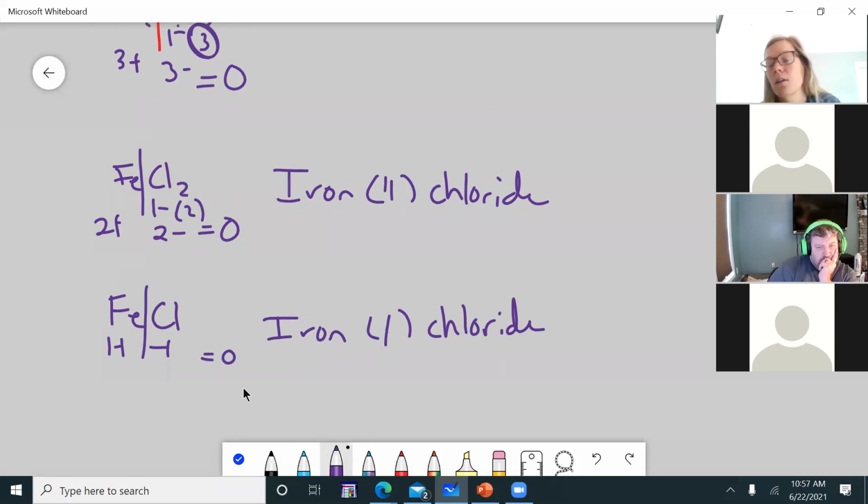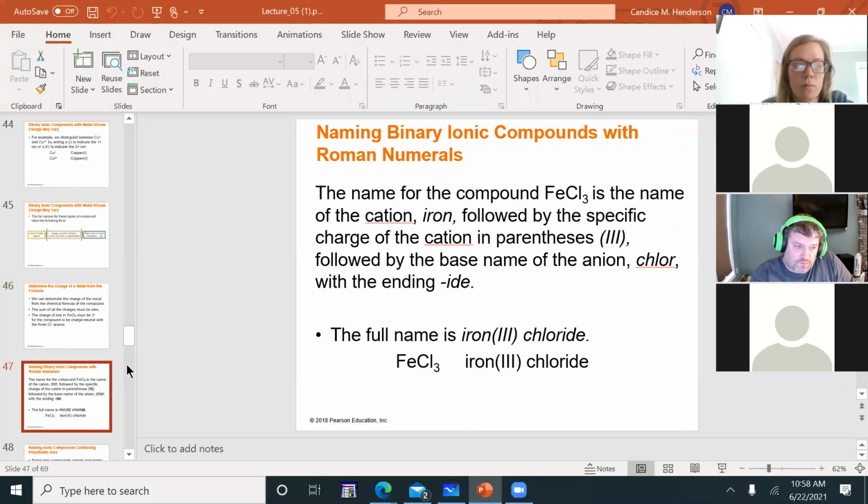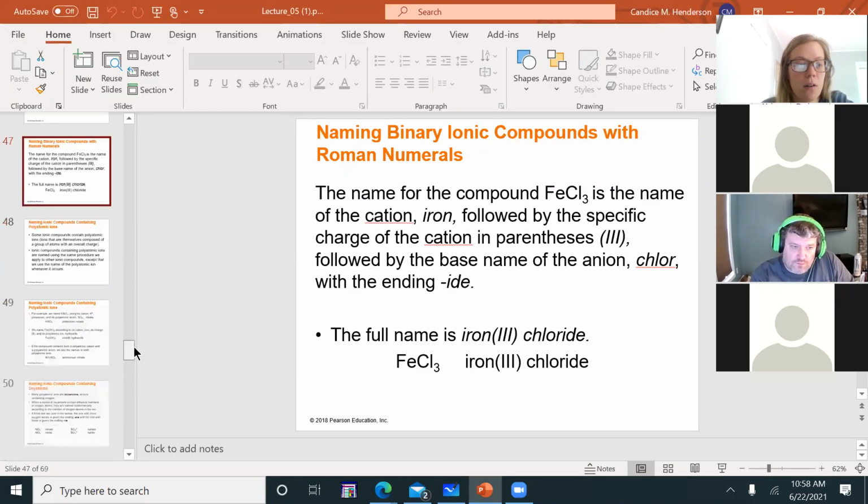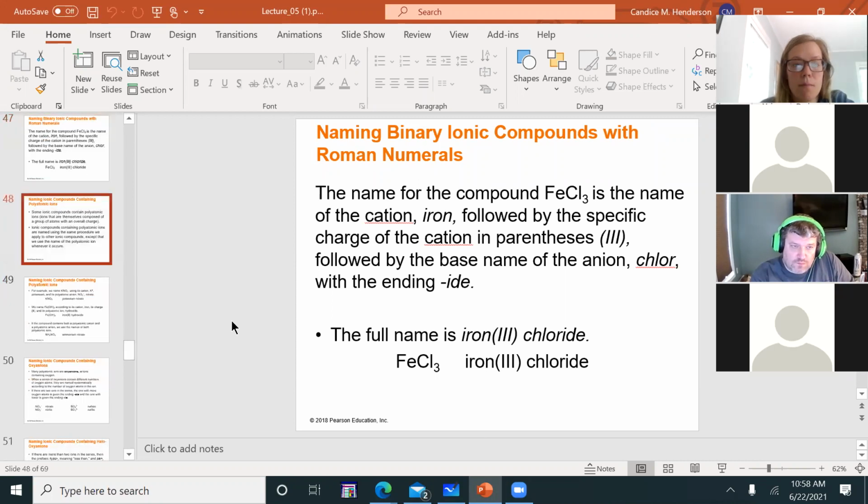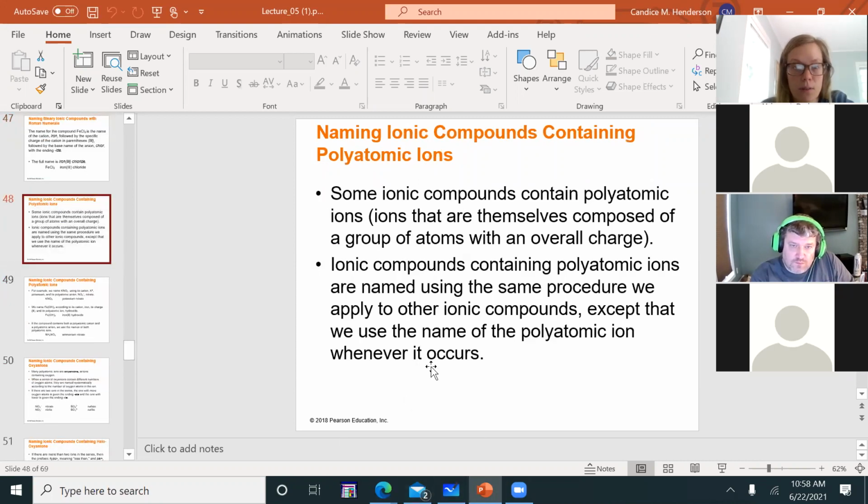So this is iron 1 chloride. So you're never going to have to make the charge up out of thin air for those transition metals. You'll always be able to read it off the formula. So yeah, we've got iron 3 chloride. Let's do some practice with those though before we go into polyatomics.